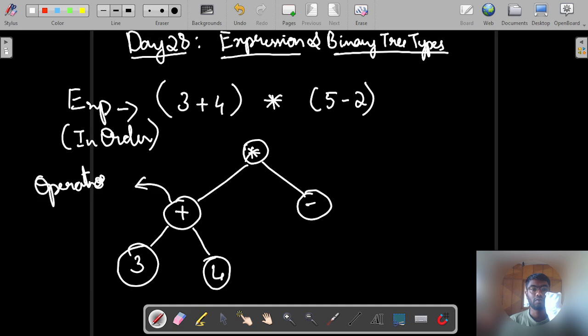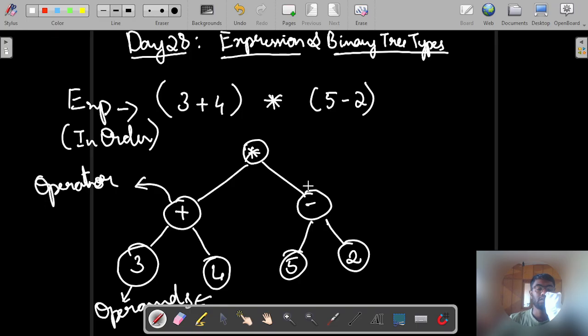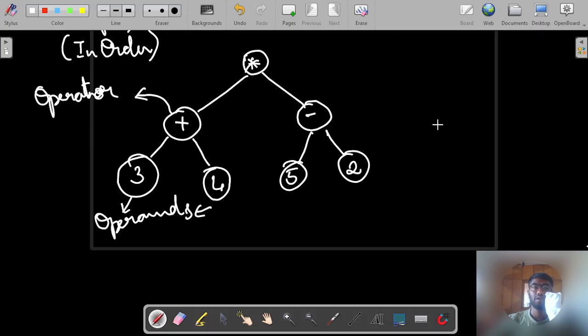Operator, these two are operands, right? So similarly here 5 and here 2, right? So this expression can further be represented in many different ways.